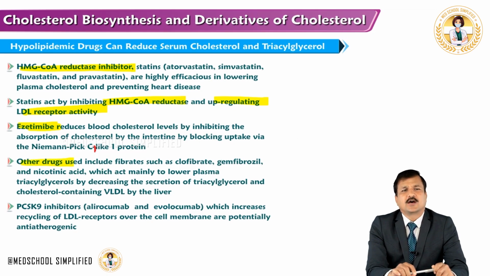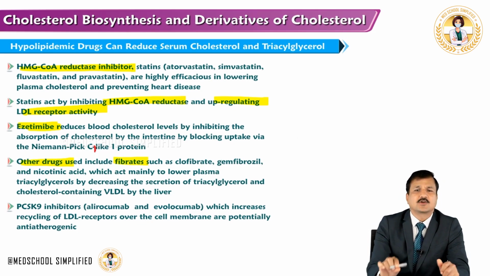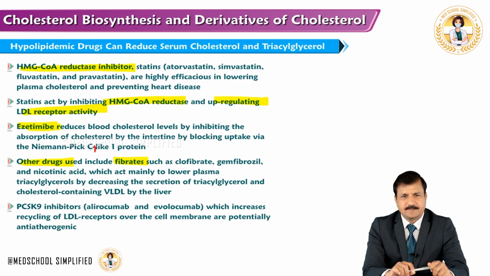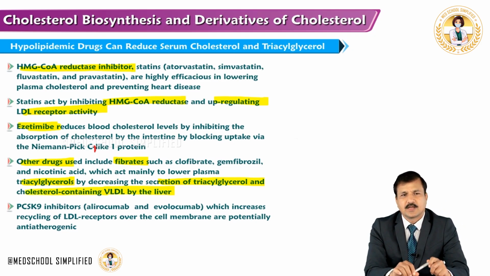Other drugs that are used as hypolipidemic drugs are fibrates such as clofibrate, gemfibrozil, and nicotinic acid. All of them act mainly by lowering the plasma triacylglycerol by decreasing the secretion of triacylglycerol and cholesterol containing VLDL from the liver.